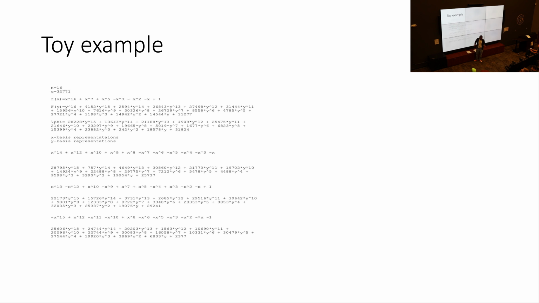And the problem is the following. I give you these representations along with this capital F. You have to tell whether there is a very small representation in some hidden finite field representation. That's the problem.